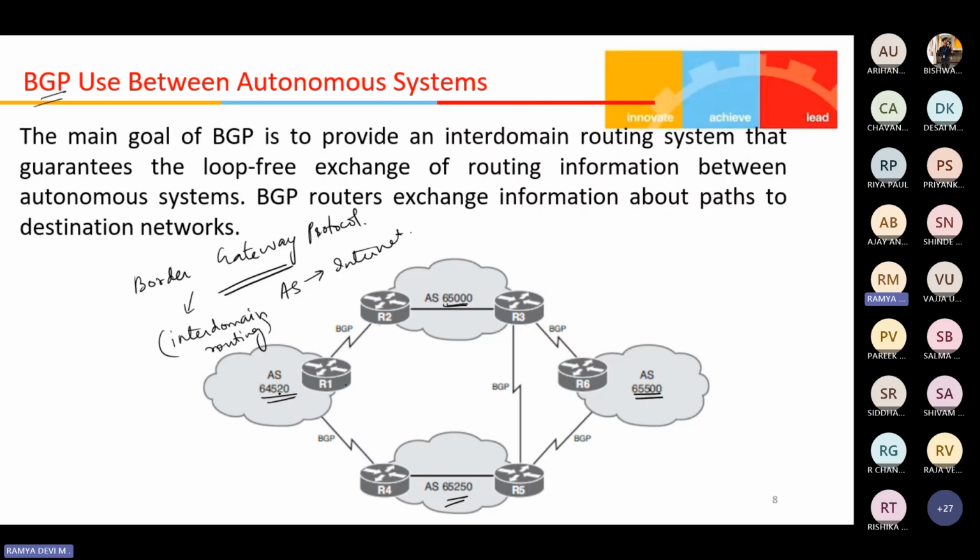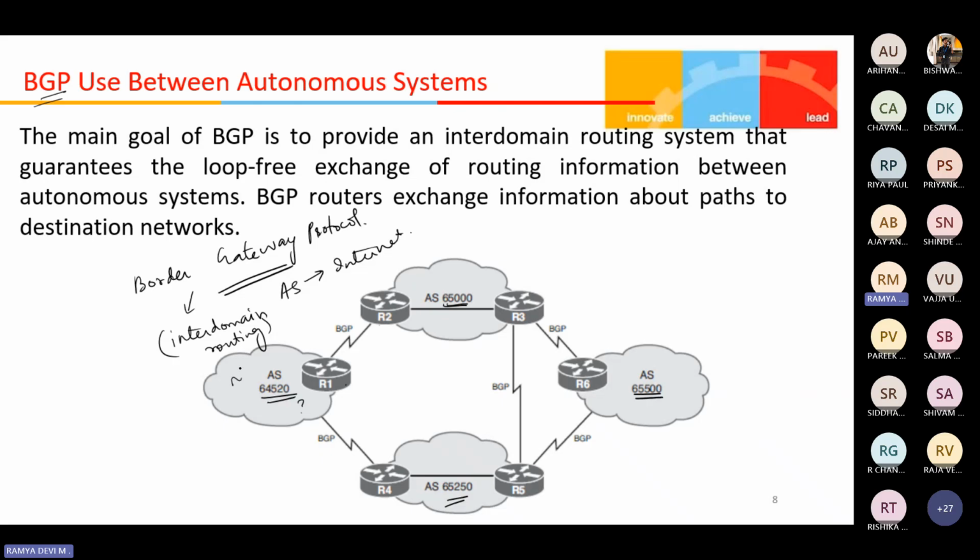So first you need to understand what is an autonomous system. So an autonomous system is nothing but a group of networks or even multiple devices under the control of a single administrator. Okay, so it will be following the same routing policy.